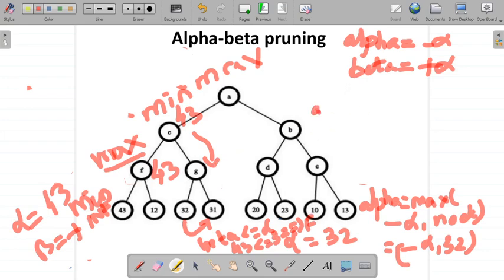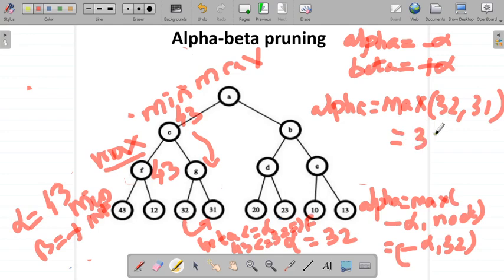So the alpha value for 31 is max of, already the alpha value is 32, 32 comma 31. So which one is maximum? 32. So the alpha value is 32.